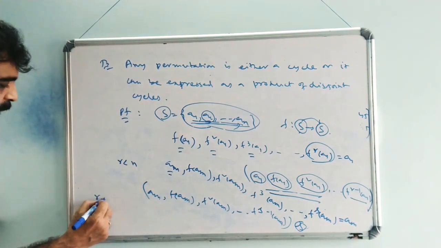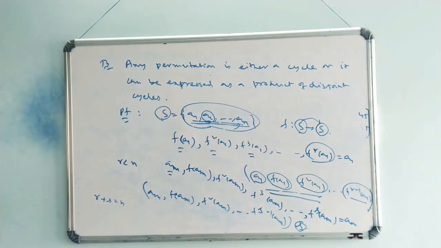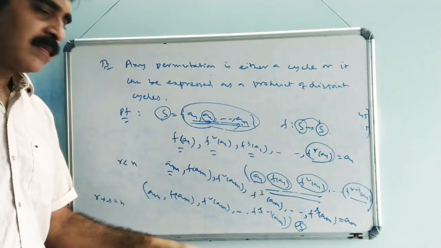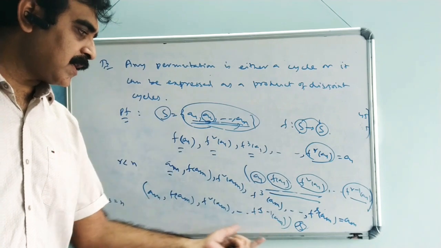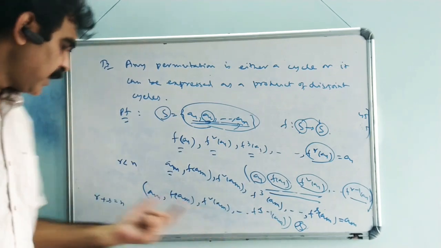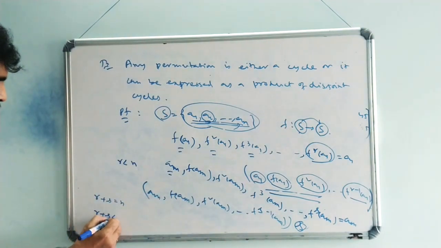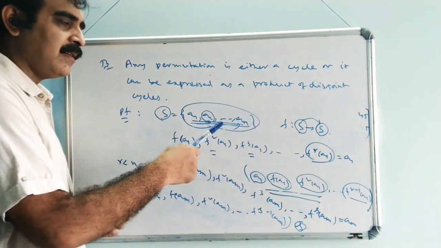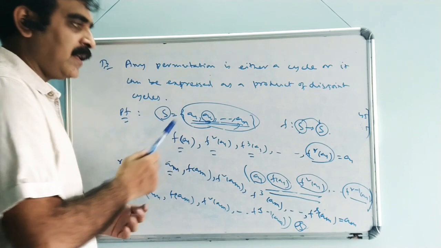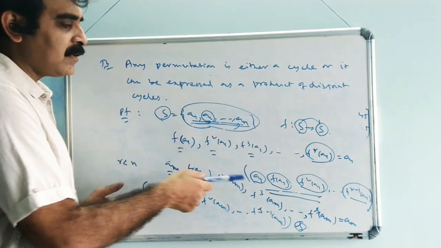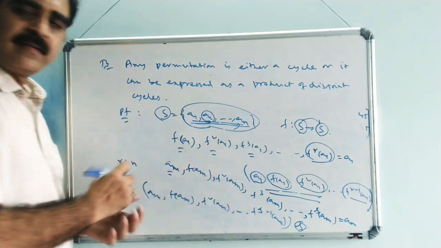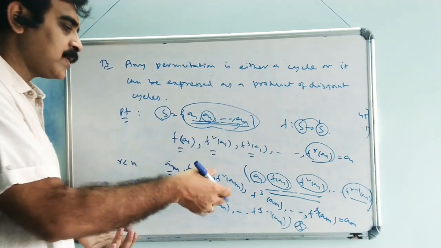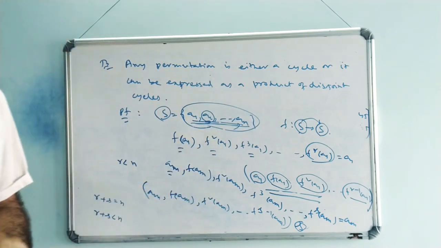Now, if R plus S equals N, then we can write the permutation F as the product of these two cycles. If R plus S is still less than N, then we find in S which element did not come here and here, and we take the first such element again and proceed in the same way, and we get another cycle.